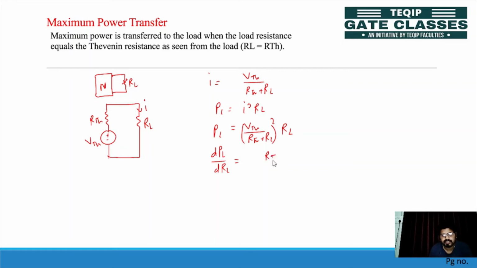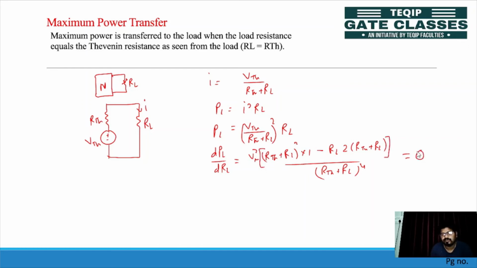So RTH plus RL square, differentiating RL, we get 1 minus RL into 2 RTH plus RL, divided by RTH plus RL to the power 4, is equal to, VTH square is here, this is constant.